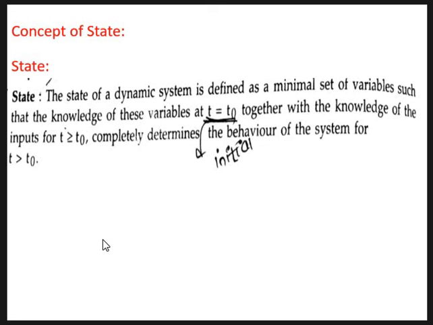So the simple meaning is that the state of a dynamic system is the minimum set of variables at t equal to t0 that together give the complete behavior for t greater than or equal to t0. Then it is called the state of that particular dynamic system.